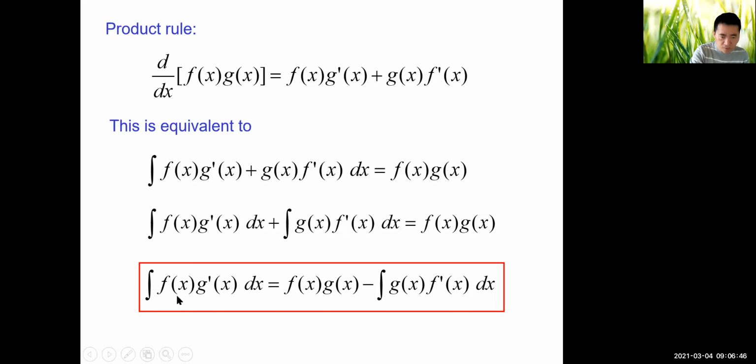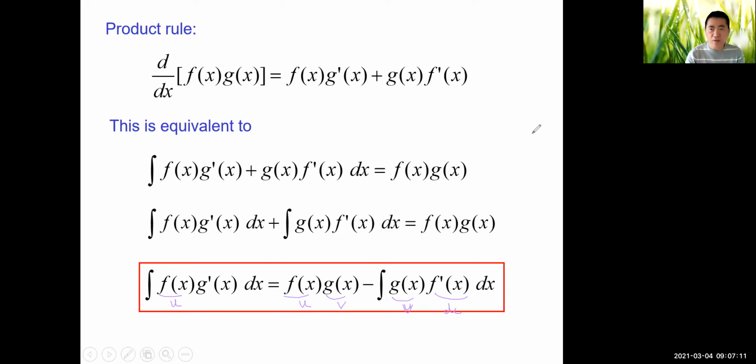Instead of using f and g, we think of f as u. So this is the letter u, this is the letter v. Then this is v, and this is the derivative of u, so du.